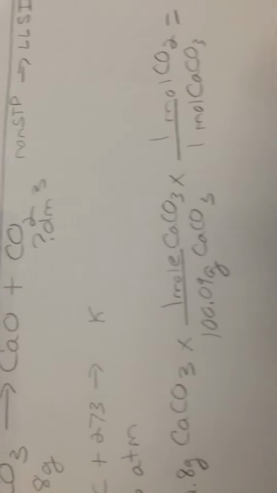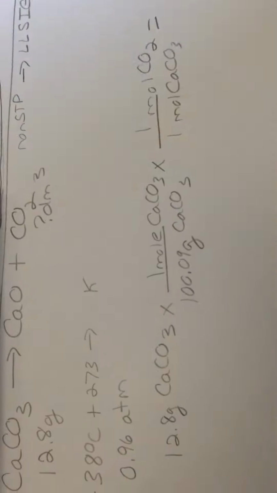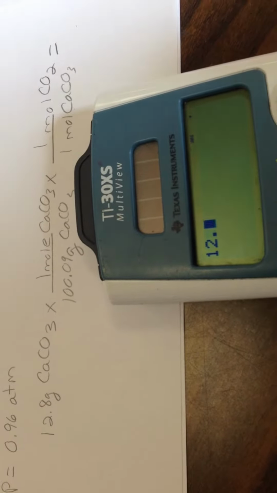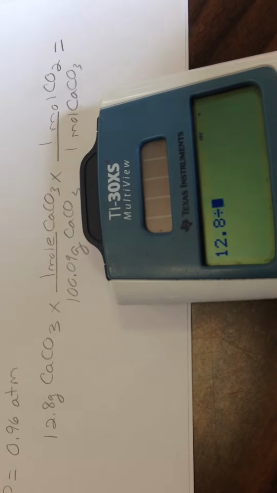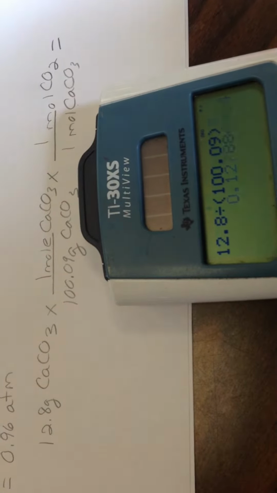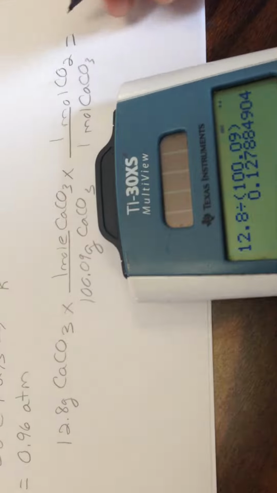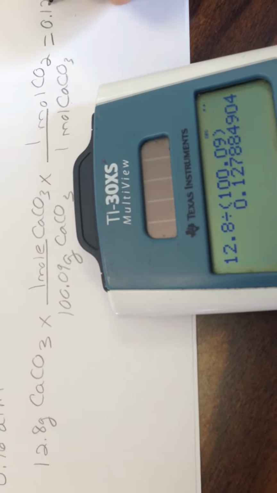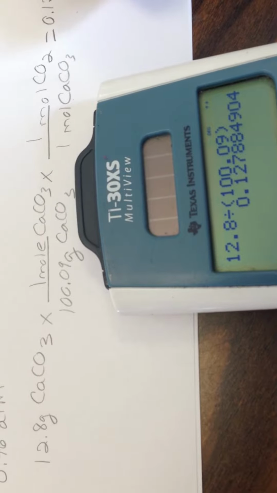We're going to stop right there because we are non-STP. We're going to get an answer. So, we're going to do 12.8 divided by 100.09. We had 3 sig figs, so we're going to end up with 3 sig figs: 0.128.